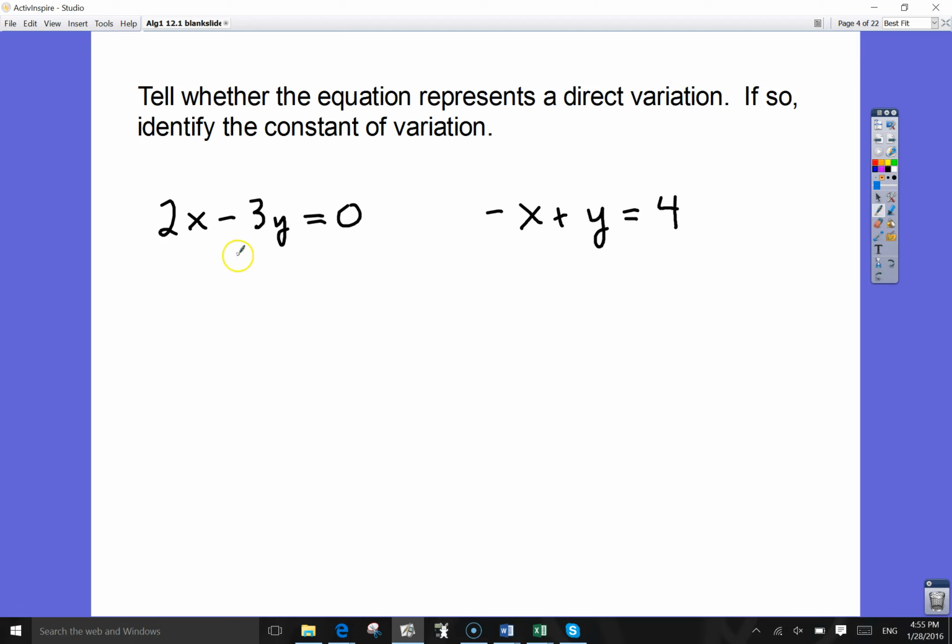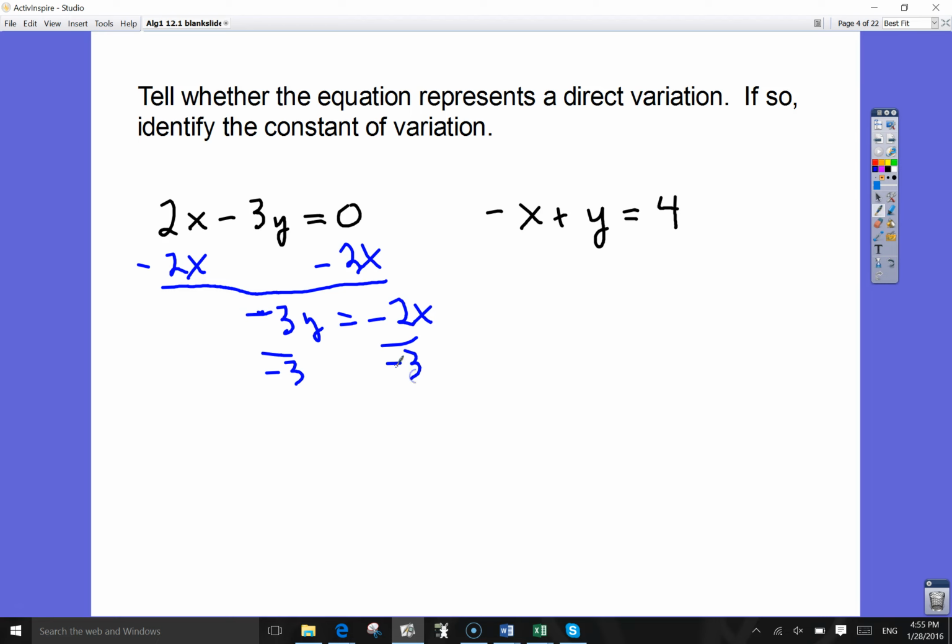So in this first problem, if I subtract 2x from both sides, I get negative 3y equals negative 2x. Now I'm going to divide both sides by negative 3, and I get y equals positive 2/3 x. Please keep that in mind, because too many of you still either don't simplify a negative divided by a negative, or you think that it's just one negative, and it's not.